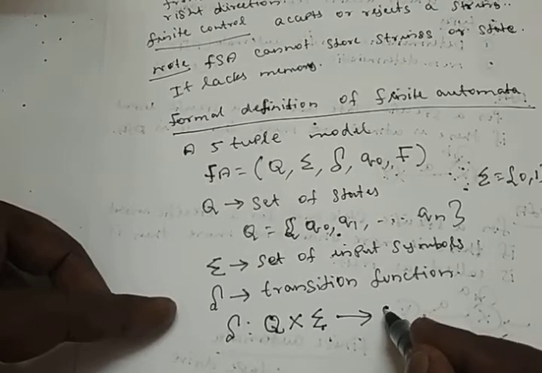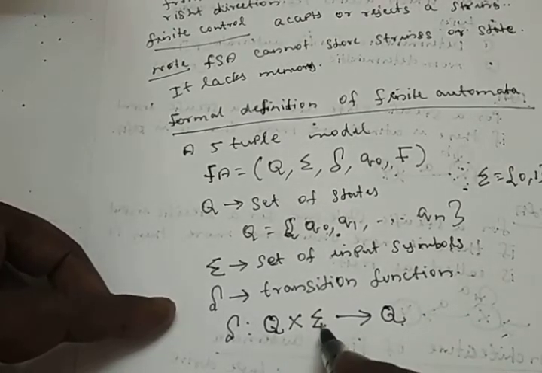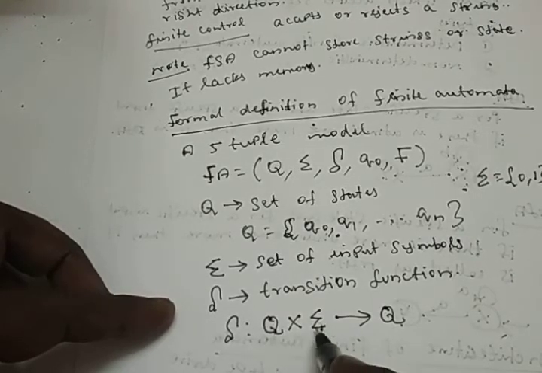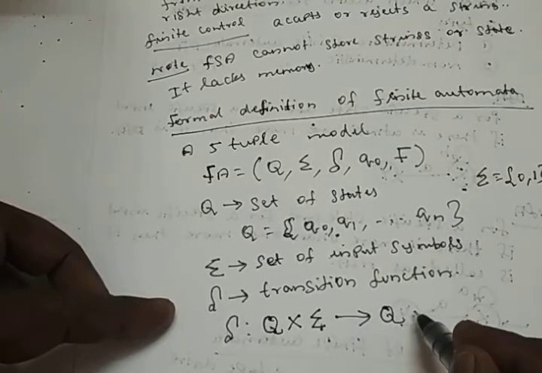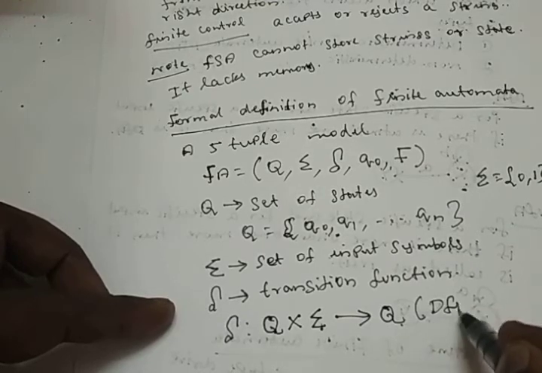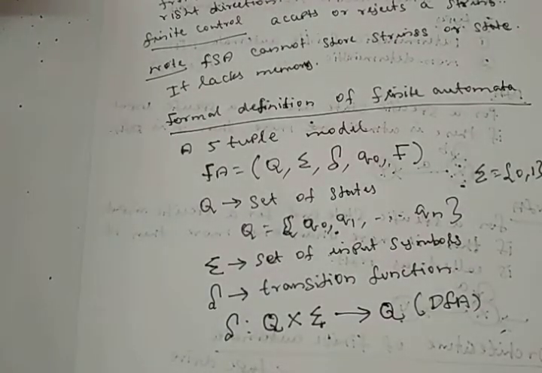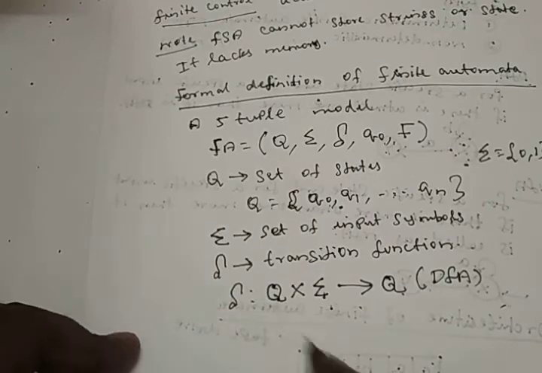All the states are inside Q, so even if you apply an input from one state, it goes to another state, which is also part of the set of states. So this is called DFA. That means there will be at most only one transition over here.